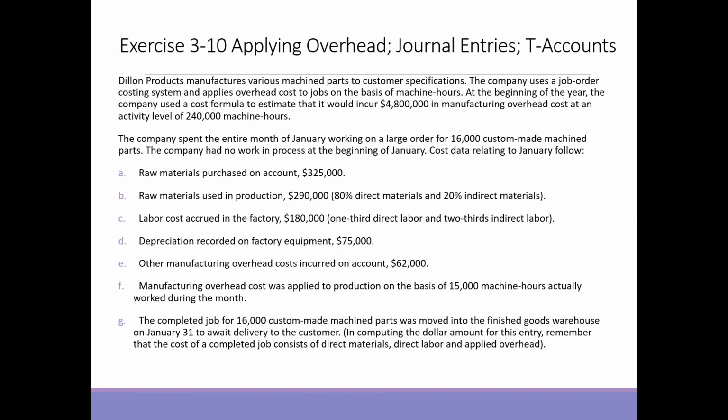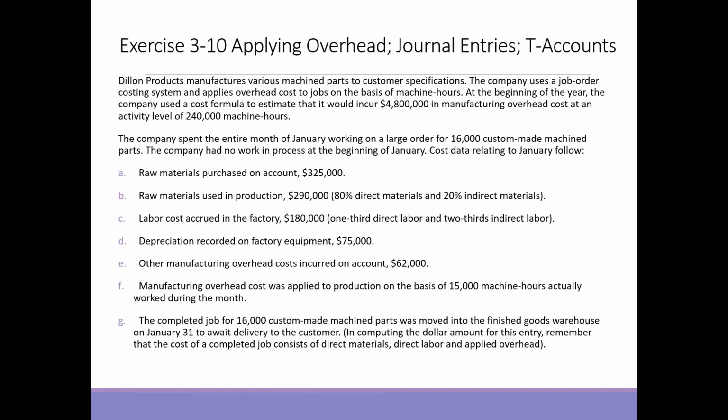The company spent the entire month of January working on a large order for 16,000 custom-made machine parts. The company had no work in process at the beginning of January. Cost data relating to January follows.